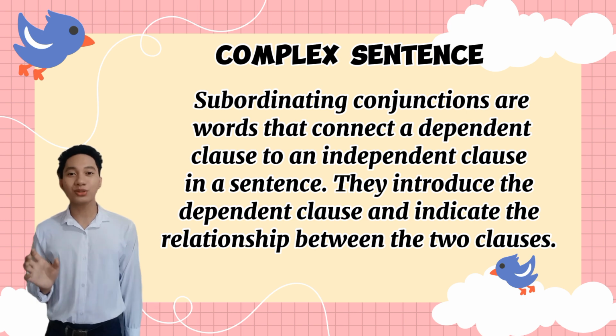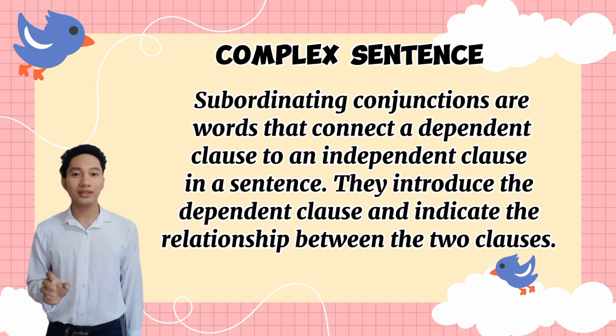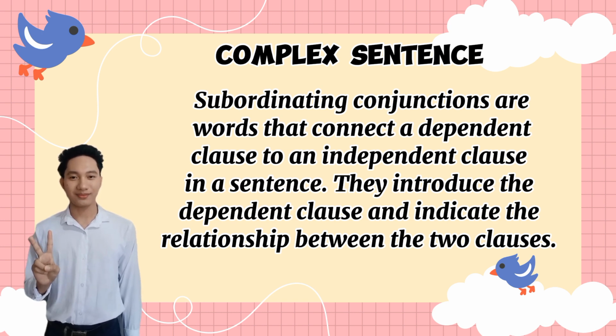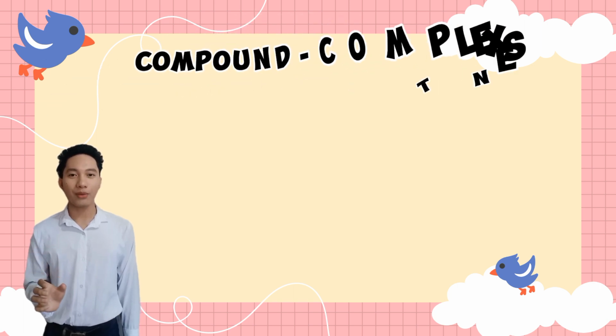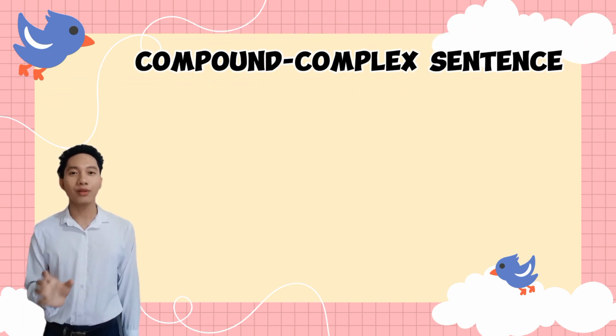So they introduce the dependent clauses and indicate the relationship between these two clauses. Understand? Okay, so let's proceed now to the last part of sentence structure, which is the compound-complex sentence.